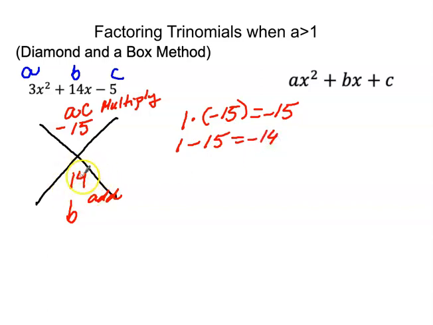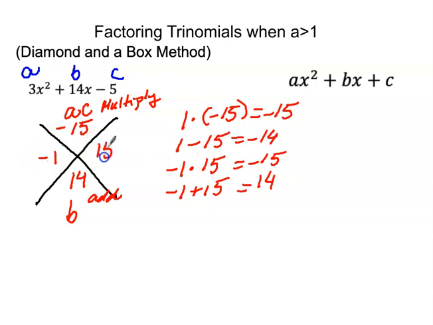We want a positive 14. But what we can do is take negative 1 times positive 15, so we get negative 15. And negative 1 plus 15, because we want a sum of 14, is equal to 14. So it looks like negative 1 and 15 are the numbers we're gonna work with.